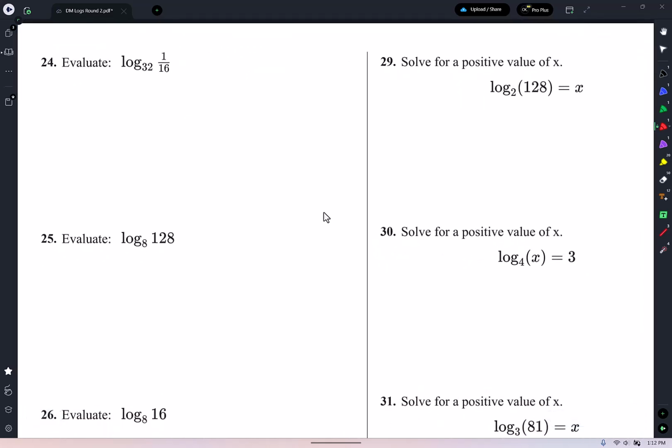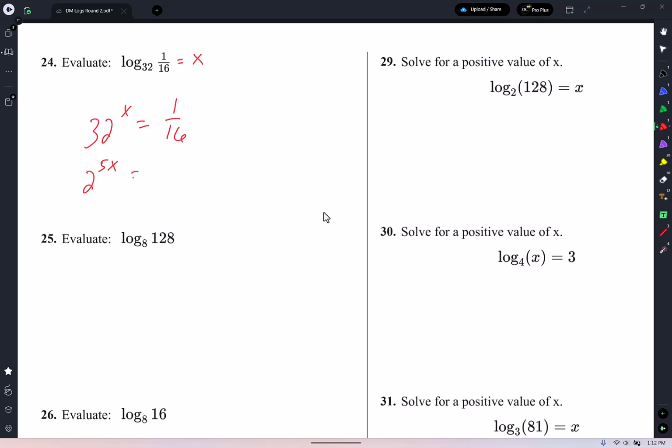All right, same deal with this. It says evaluate, so equal it to x. Let's see if you can do it on the side here. 32 to the power x equals 1 over 16. I know that 2 to the power 5 is 32. So 2 to the power 5x, because the x is there, right?